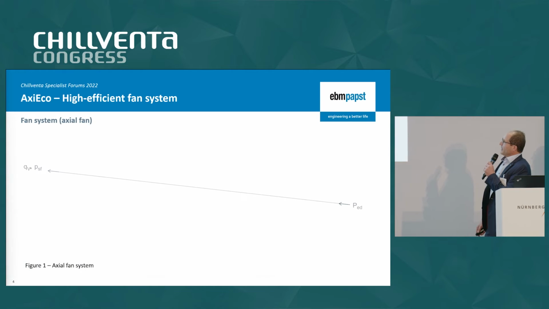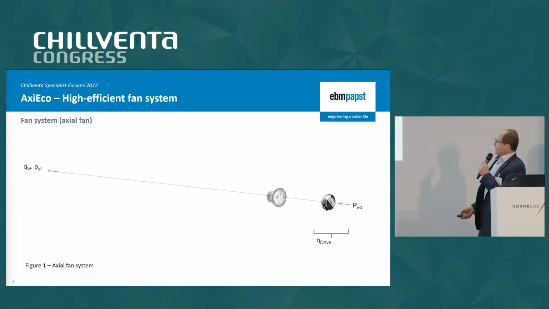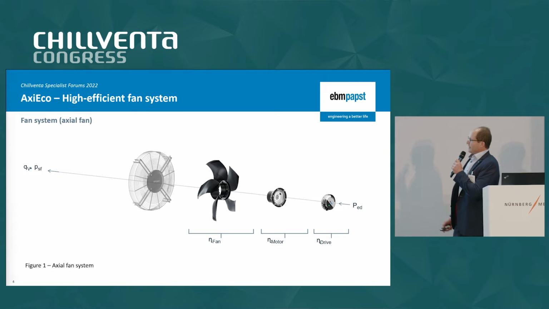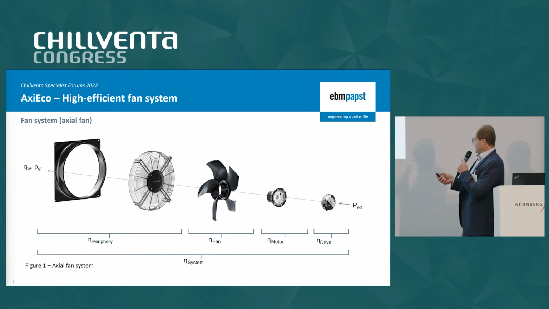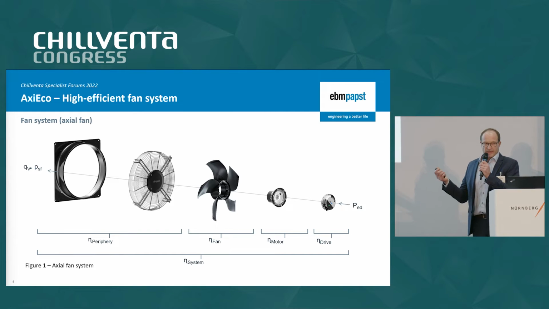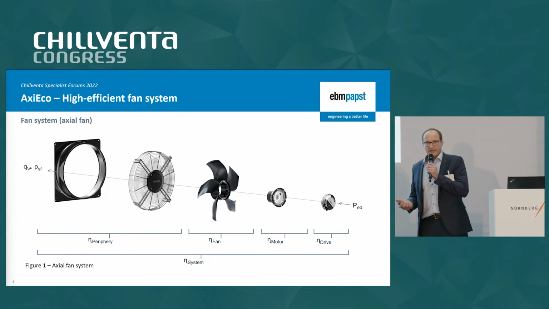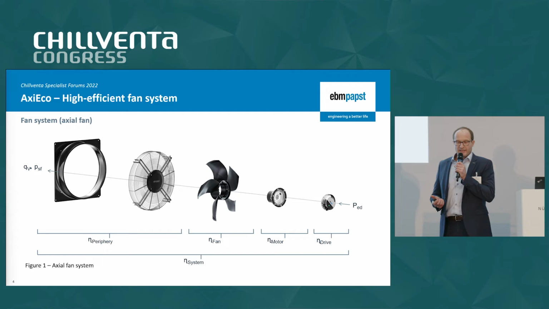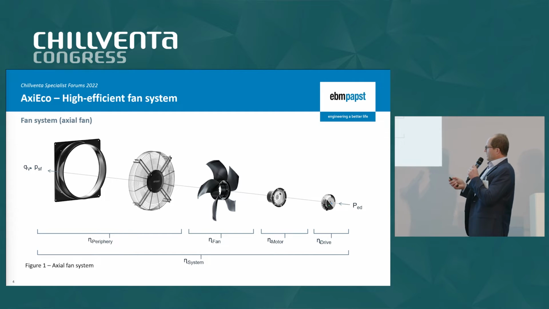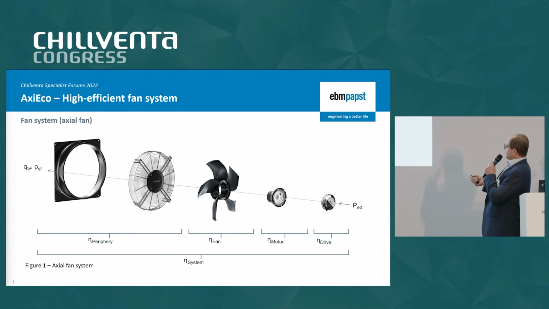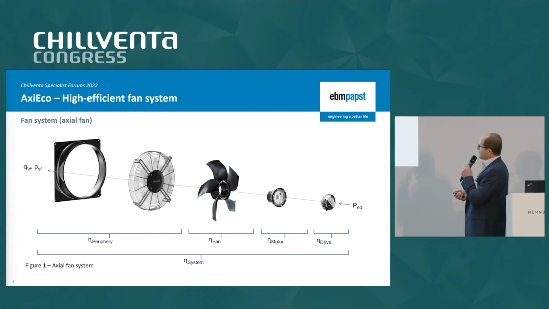So let's start. What is a fan system? A fan system, how we see it, it's not just the impeller, it's the motor, in case of an EC motor, and I talk here about EC technology, meaning electronically commutated motor. So we have got the motor, we have got the drive, the electronics, the commutation electronics.